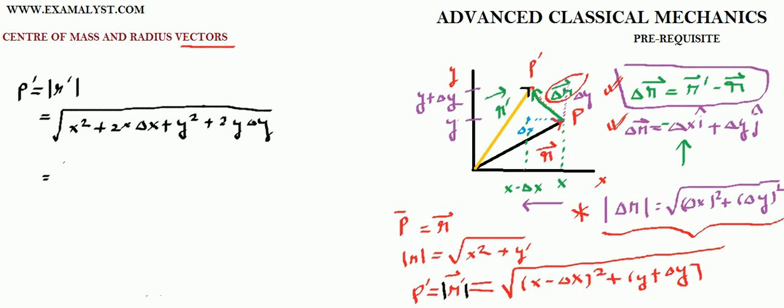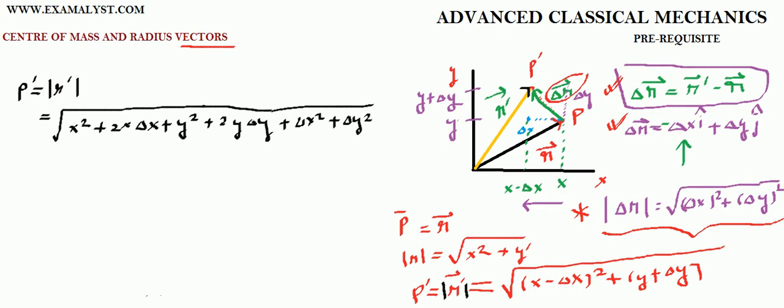Now let us write all the terms, let us not ignore the terms. So let me also write the two extra terms. There will be a delta x square and there will be a delta y square. Okay, so this is my r dash.